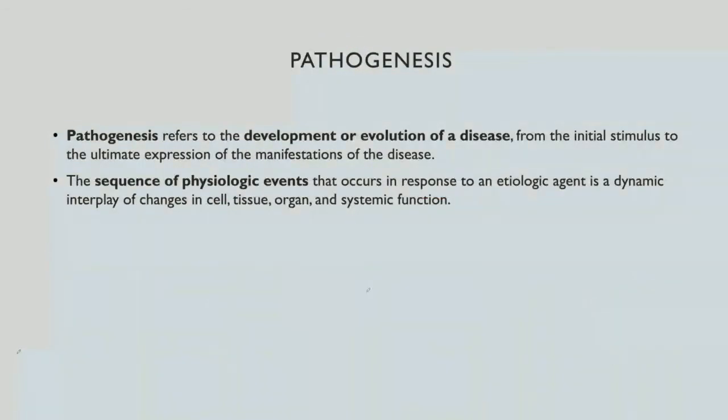And pathogenesis is simply the process that leads from health to disease, the development or evolution of disease, the mechanisms or pathways, okay, that lead to the manifestations of the disease. Sequence of physiologic events, okay, in response to the etiologic agents.